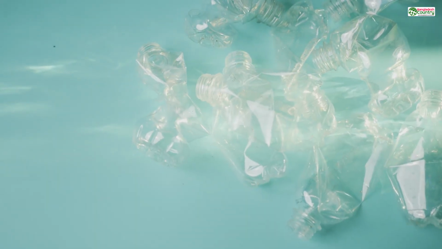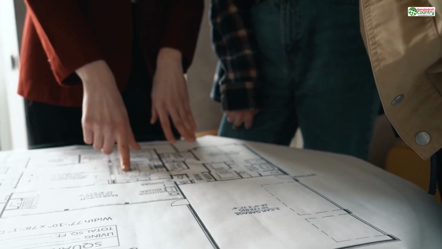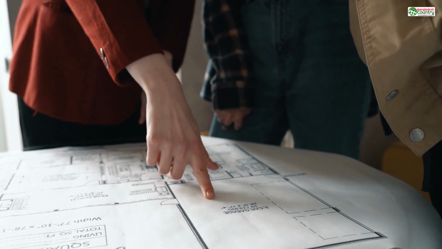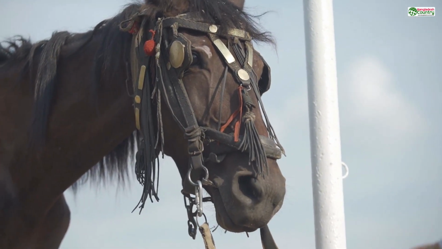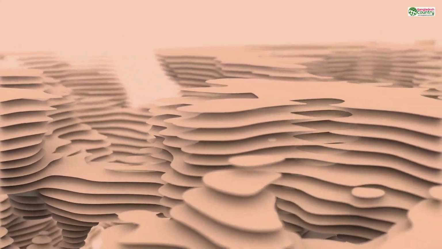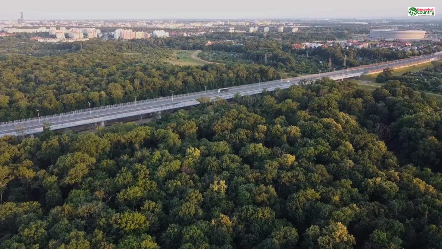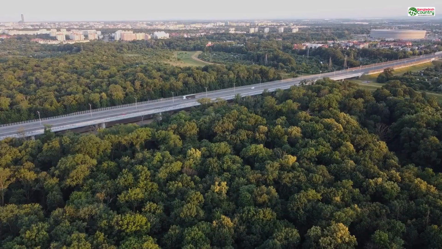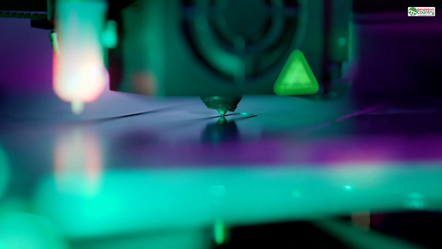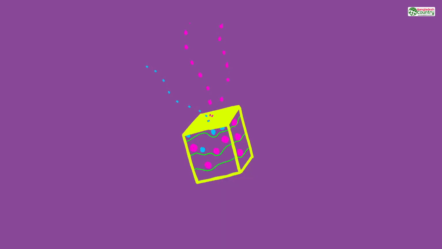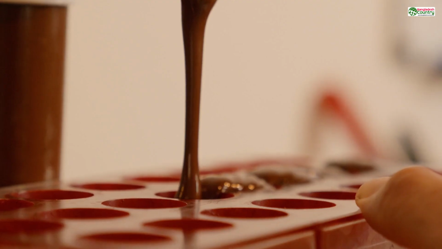These are the workhorses of the 3D printing world, extruded layer by layer like a super precise hot glue gun. The most common, the one you'll see everywhere, is PLA, or polylactic acid. Think of PLA as the prototyper. It's derived from plant-based sources like corn starch, making it more environmentally friendly than other plastics. Its biggest advantage is that it's incredibly easy to print with, which is why it's so popular.